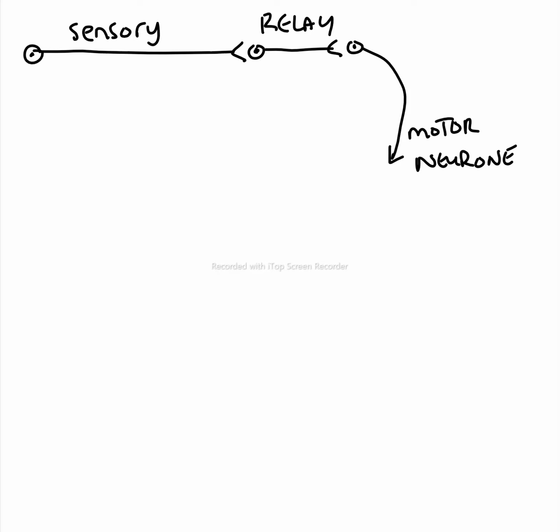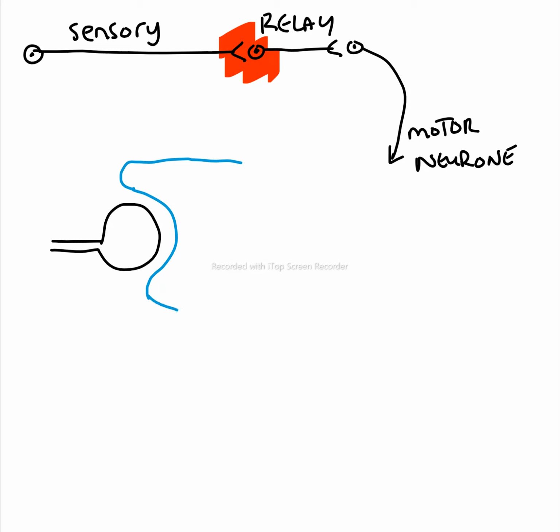So this is the path. Now we're interested in what happens here. You've got one cell coming here, and it's linked to the next cell. Remember, these neurons are just big cells.